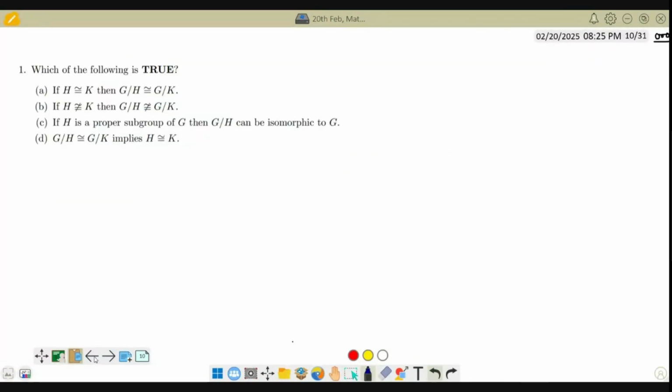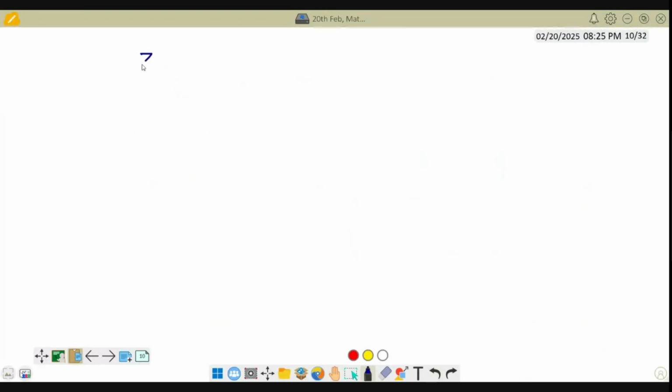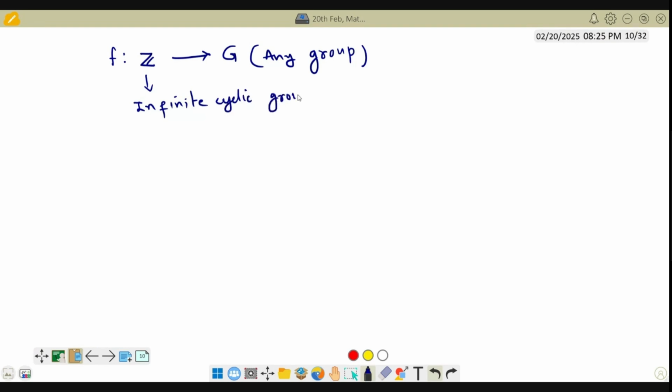Now suppose you have Z, the infinite cyclic group, and you have here any group G. Since Z is cyclic, generated by +1 or -1, if you know the image of the generator, that's enough.